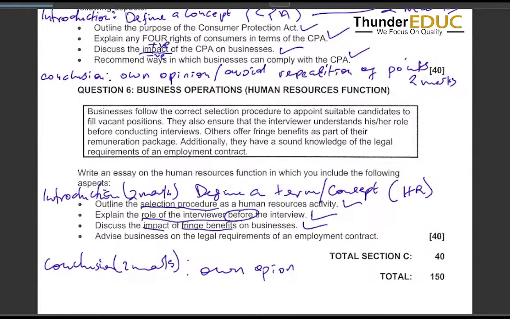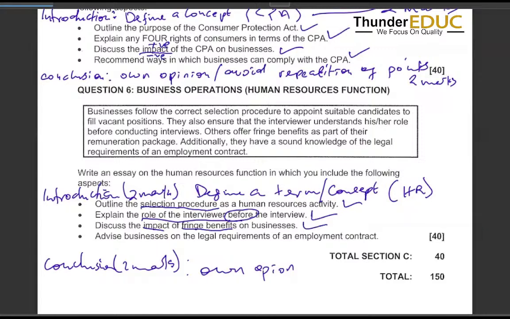Discuss the impact of fringe benefits. When you talk of fringe benefits, these are the benefits, the remuneration or the compensation that you actually get after working for a company for a certain time period. One of the fringe benefits is medical aid.